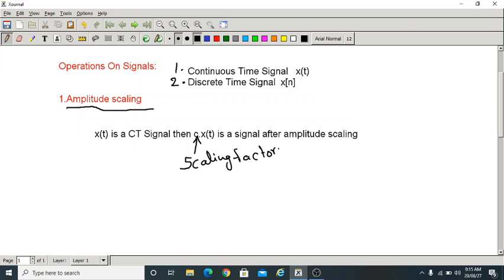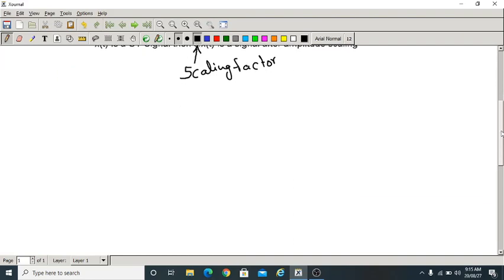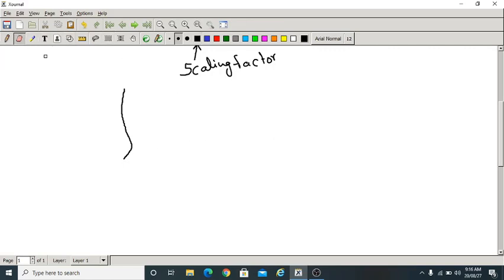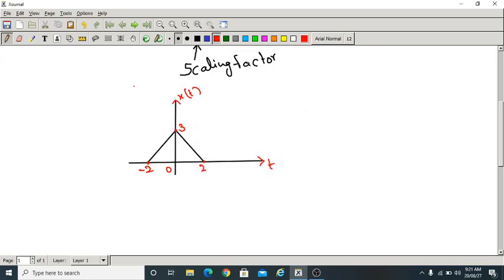Okay, now we will see some amplitude scaling examples. Okay, here this is x of t.